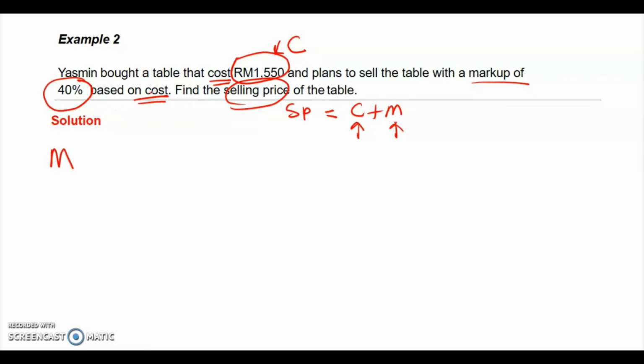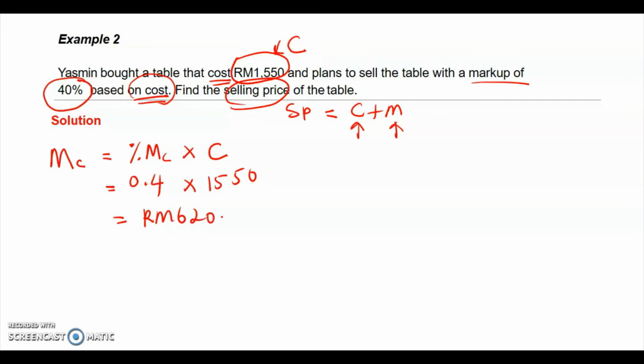This markup is based on cost. So the markup amount is the markup based on cost price. To find the amount, the formula is percentage of markup based on cost multiplied with cost price. The percentage is 40%, that means 0.4 multiplied with 1550. So the markup amount is 620 ringgit.